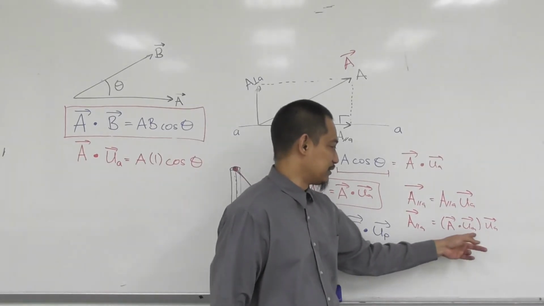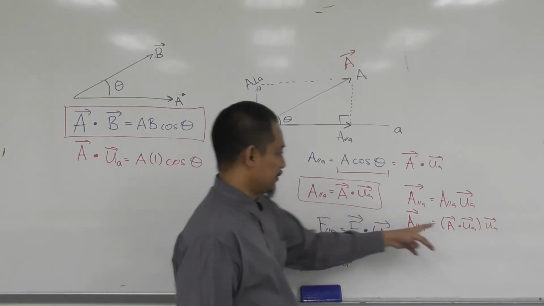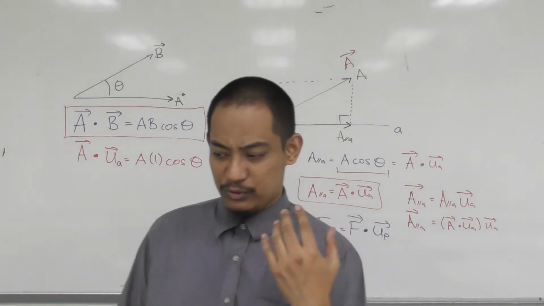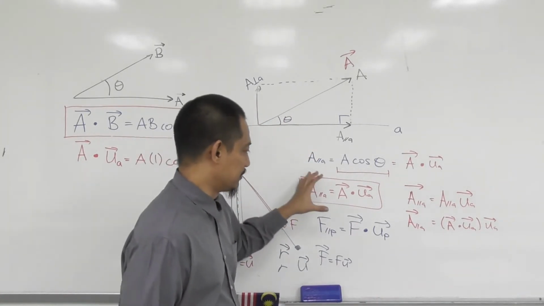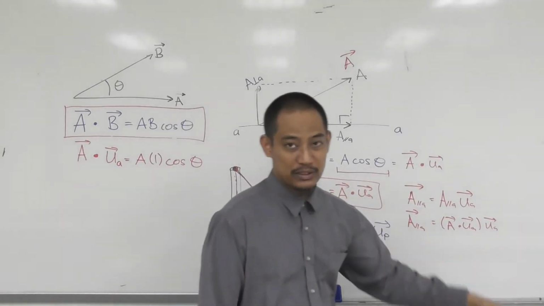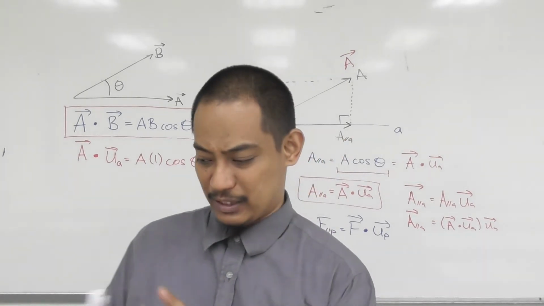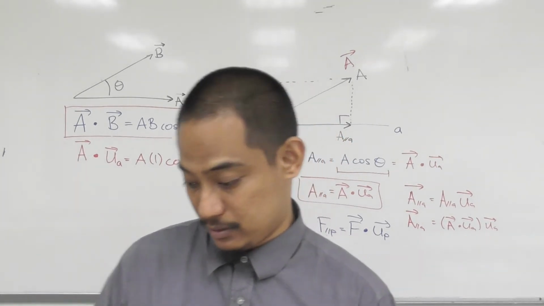So this one is just this dot product, you get this one. This one is just multiplication. So I prefer not to confuse students like that, so I just do it separately. This one is one step, this one is one step. As long as you understand, you can do step by step. Hopefully you can decipher the meaning of this when you look at the textbook or the slide.